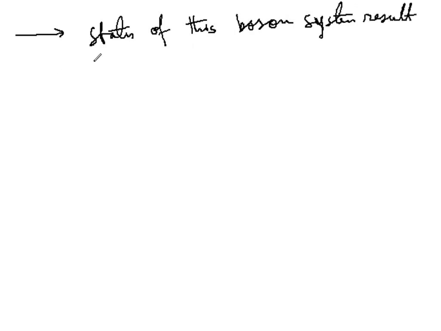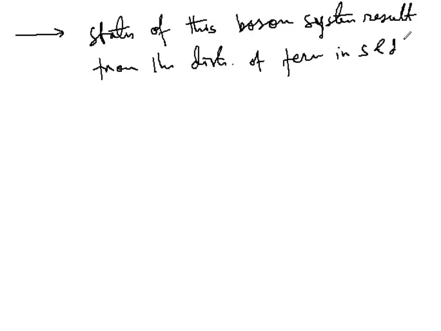Now, the states of this boson system result from the distribution of fermions in S and D pairs, right?